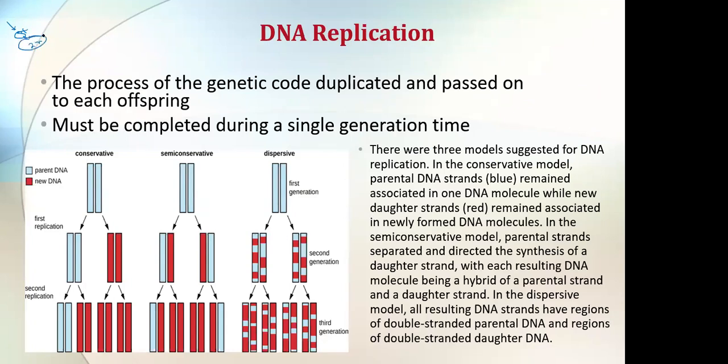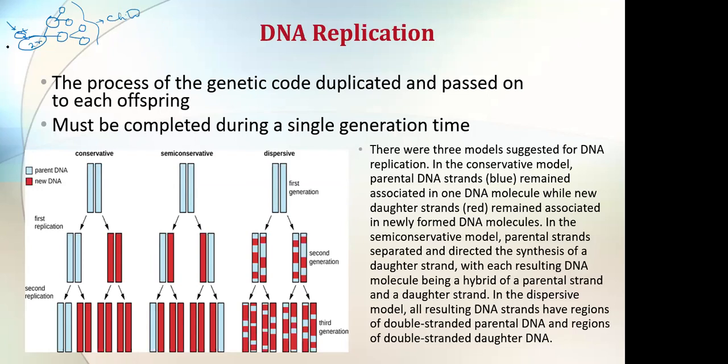Now that one cell multiplies and divides, and ultimately multiple cells are there inside the body of the embryo, and that embryo grows and we become an adult, or go from child to adult, with all those developmental stages.